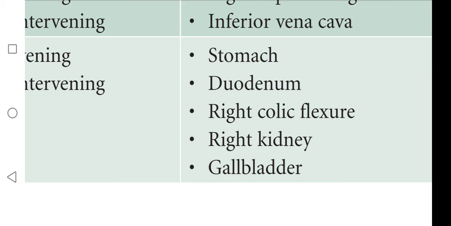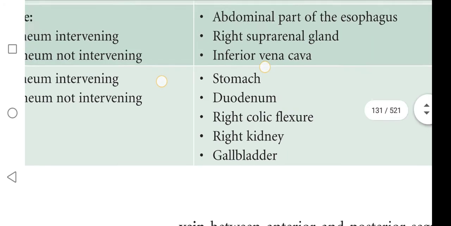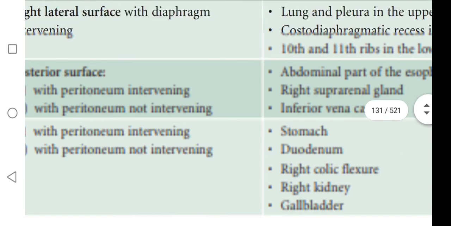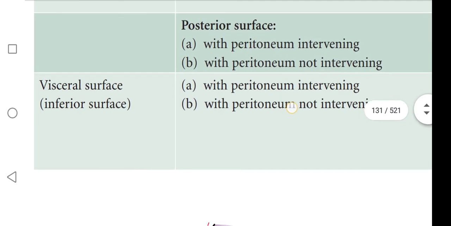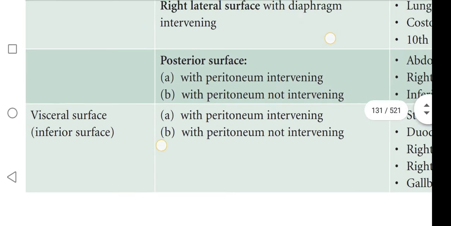With the duodenum it forms the duodenal impression on the right side, and with the right colic flexure it forms the colic impression, and the right kidney forms the right renal impression, and the gallbladder is present in the fossa of the gallbladder. Okay guys, these are the relations of the visceral surface.